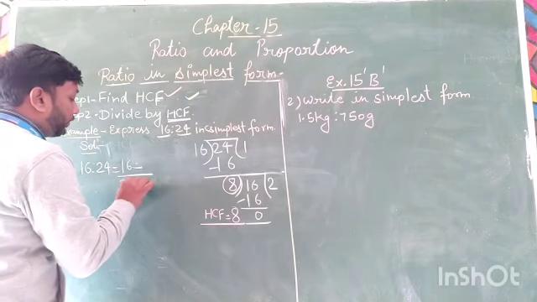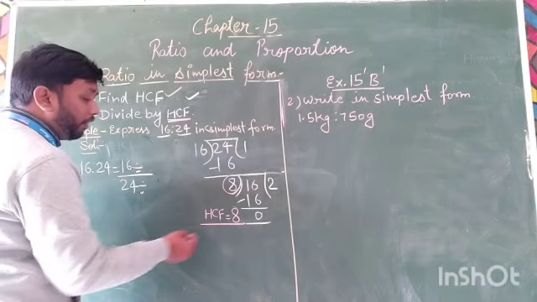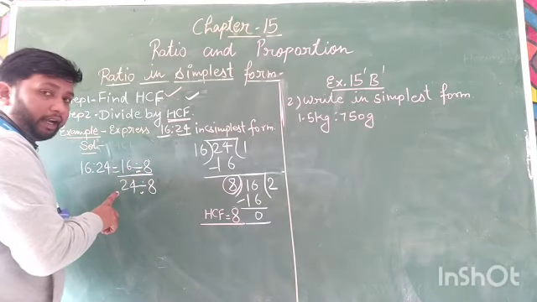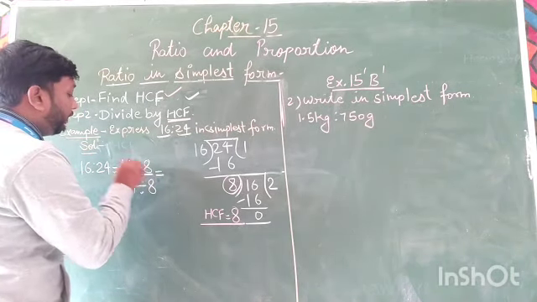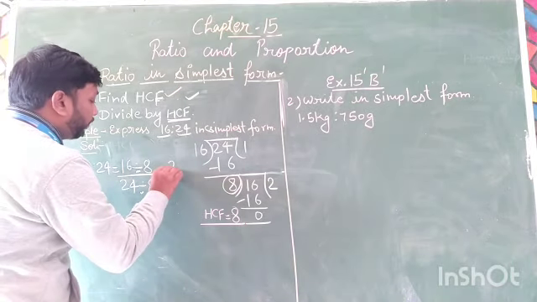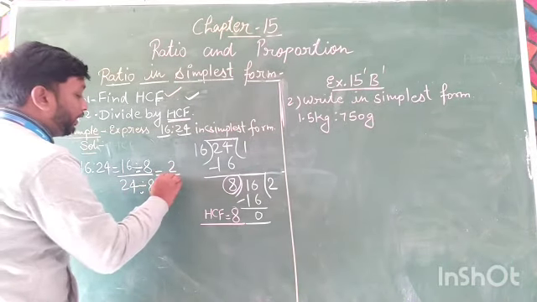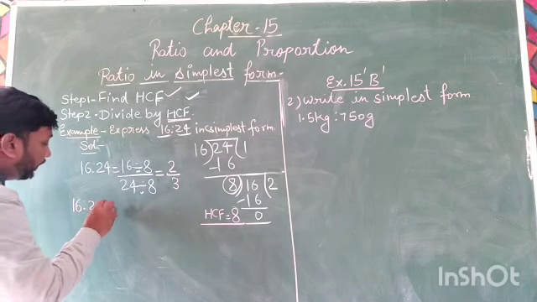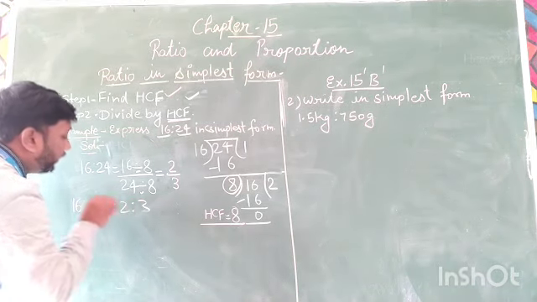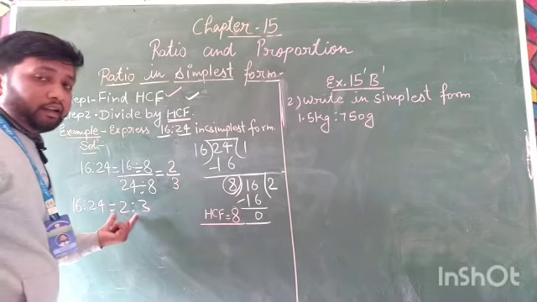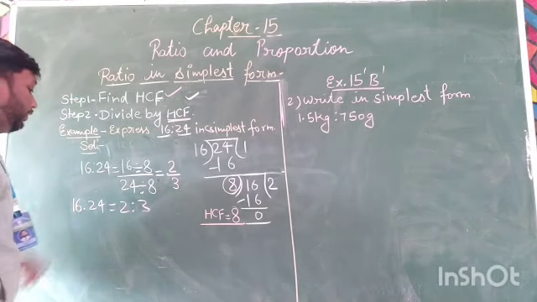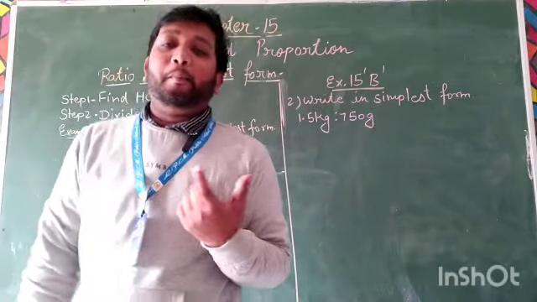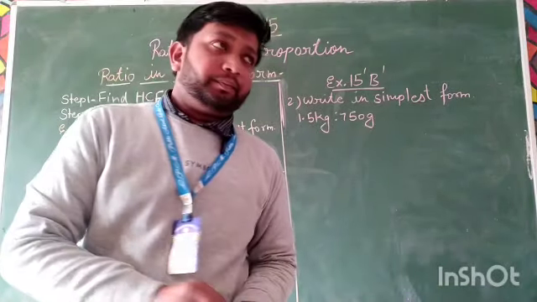We divide both by the HCF, which is 8. If we divide 16 by 8, we get 2, and if we divide 24 by 8, we get 3. So 16 ratio 24 is equal to 2 ratio 3, and this is the simplest form of that ratio.